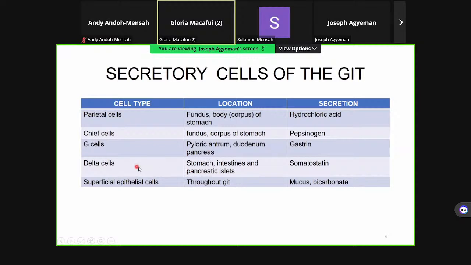Then you have delta cells, which can be found within the stomach, every aspect. If any hormone or any enzyme or any secretory product is overshooting, normally it is somatostatin that will come in to stop that action. For example, if the beta cells are over-secreting insulin, that will put the patient too high.